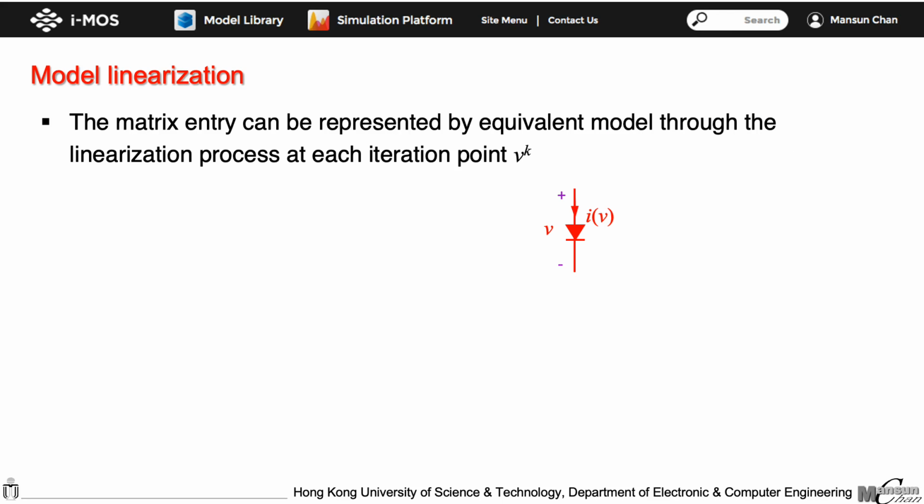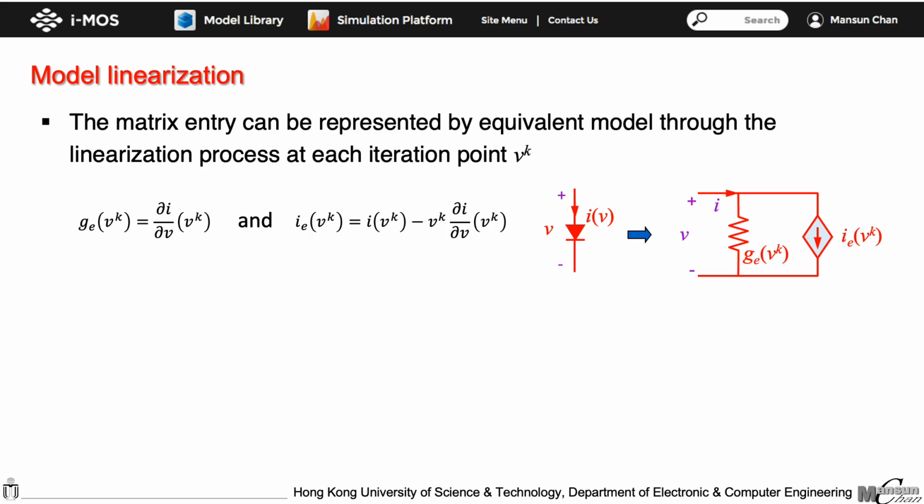We can also represent the matrix stamp of the nonlinear element with an equivalent circuit that is only composed of linear elements. For the nonlinear resistor used in our example, the equivalent circuit is shown here. The values of the conductance and voltage controlled current source are given by the following equations.